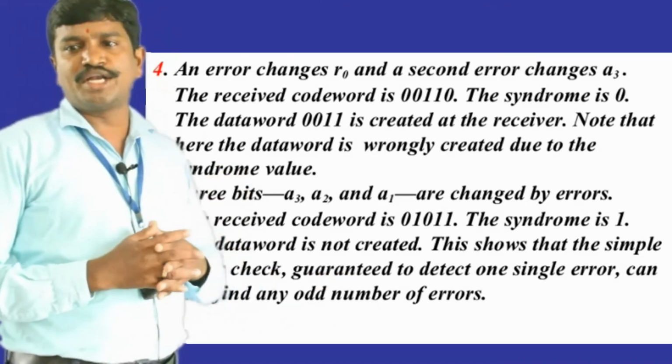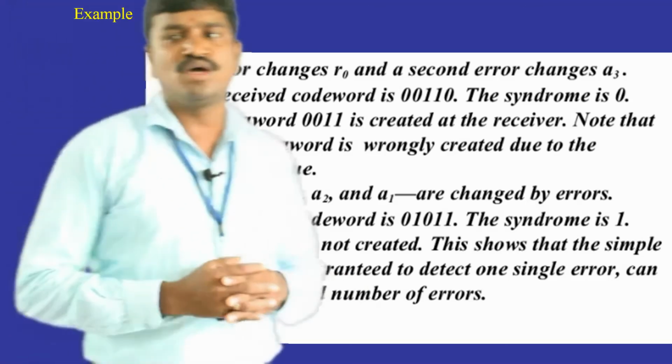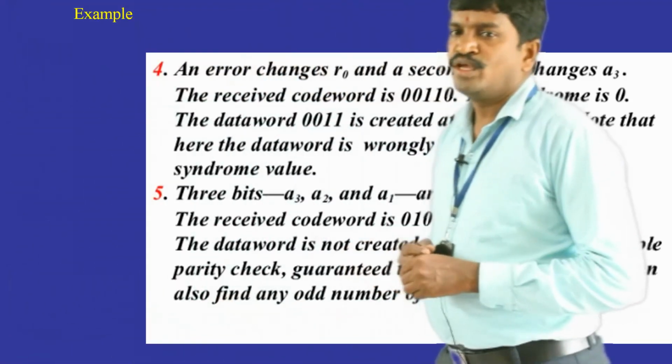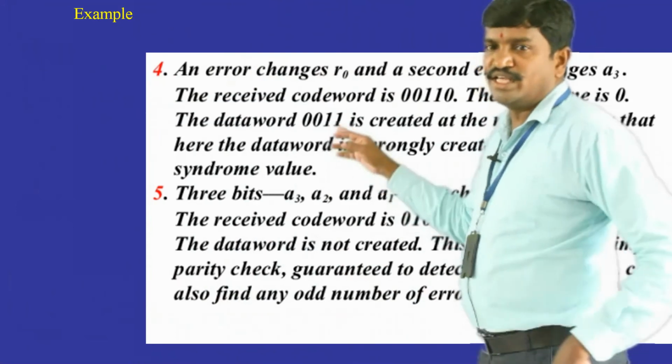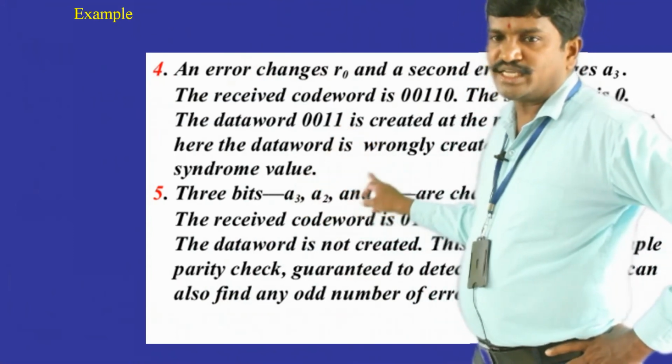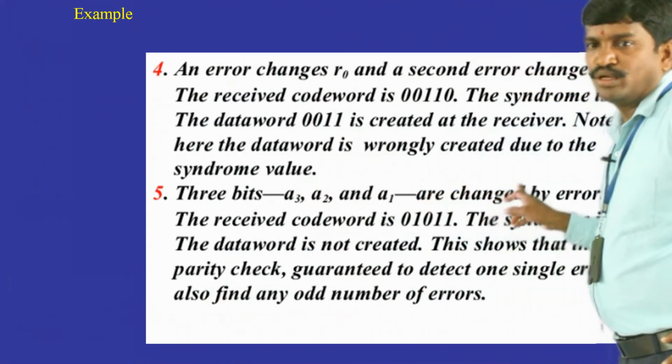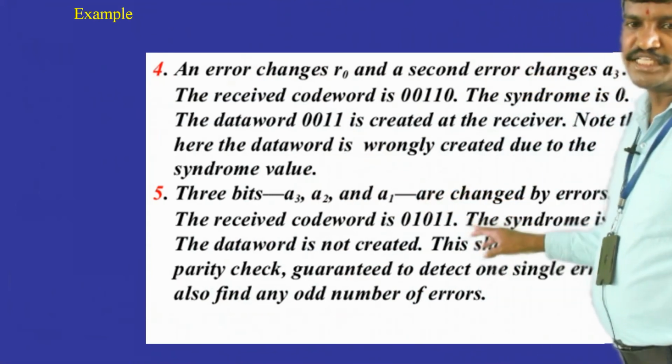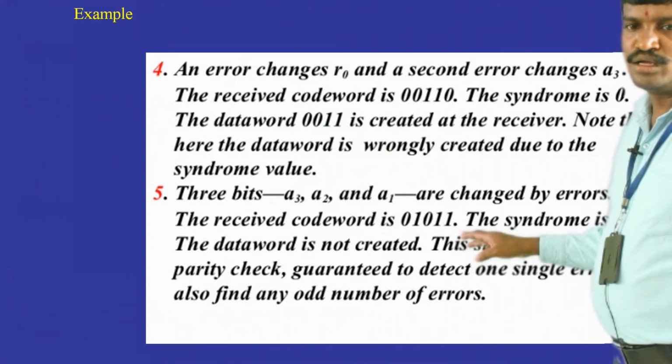Odd number of errors: A1, A2, A3, these 3 bits are changed by errors, and the received code word becomes 01011.